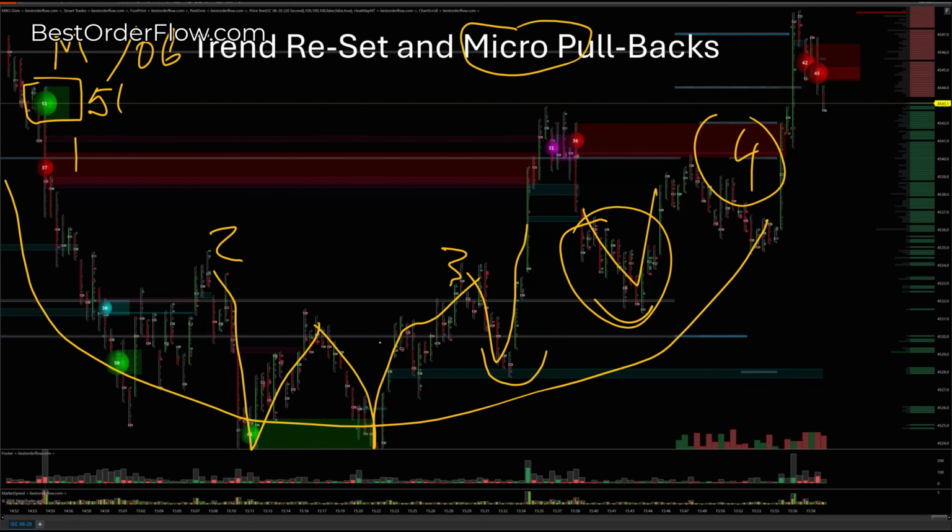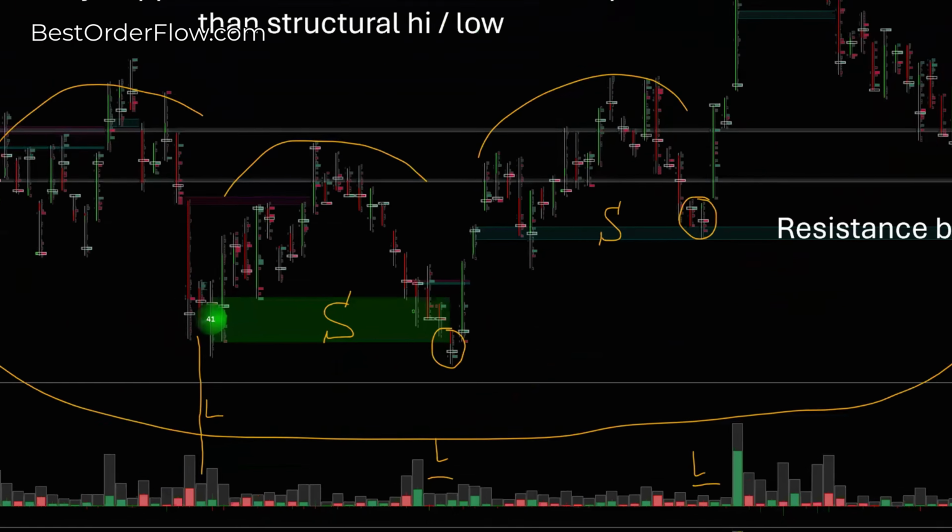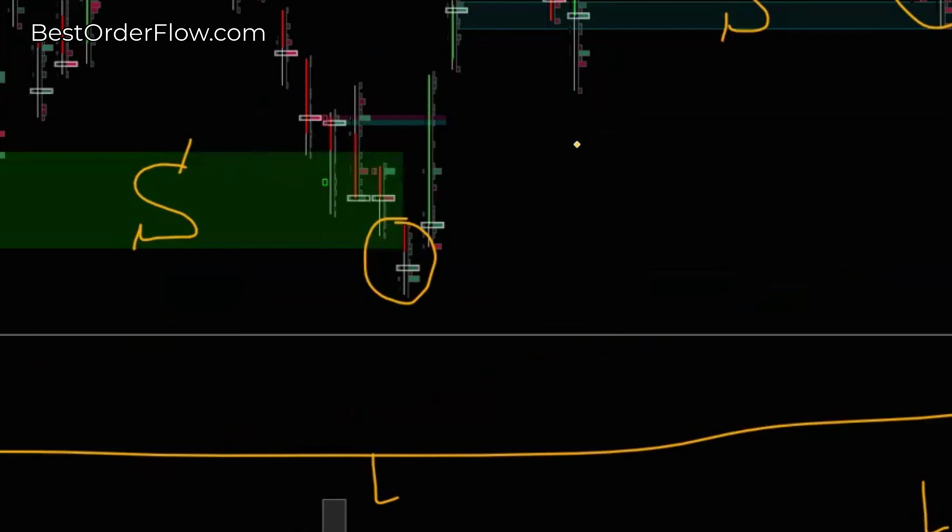So this is a micro pullback, micro pullback, micro pullback. And it is pretty natural, especially on the Wyckoff reversal. There are other cofactors I specifically love on the pullbacks. You see this low bar, a very short body candle, almost like a doji, happens over here.